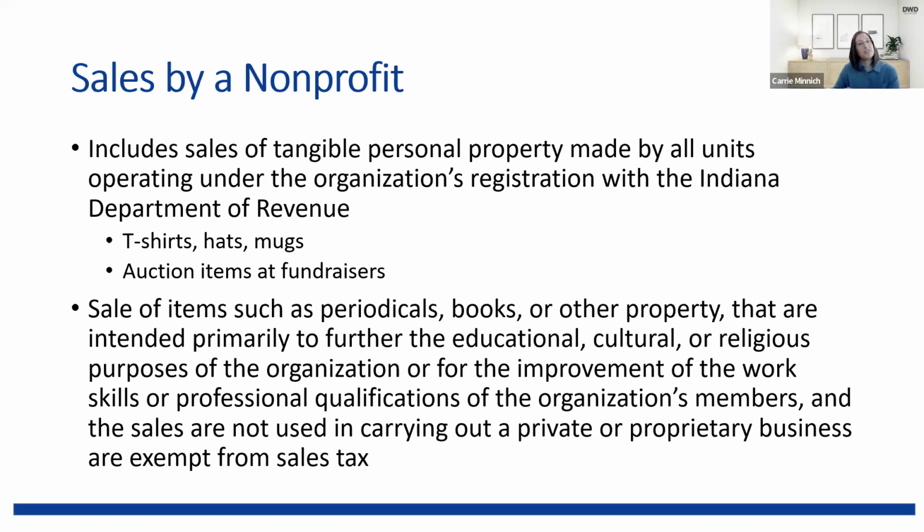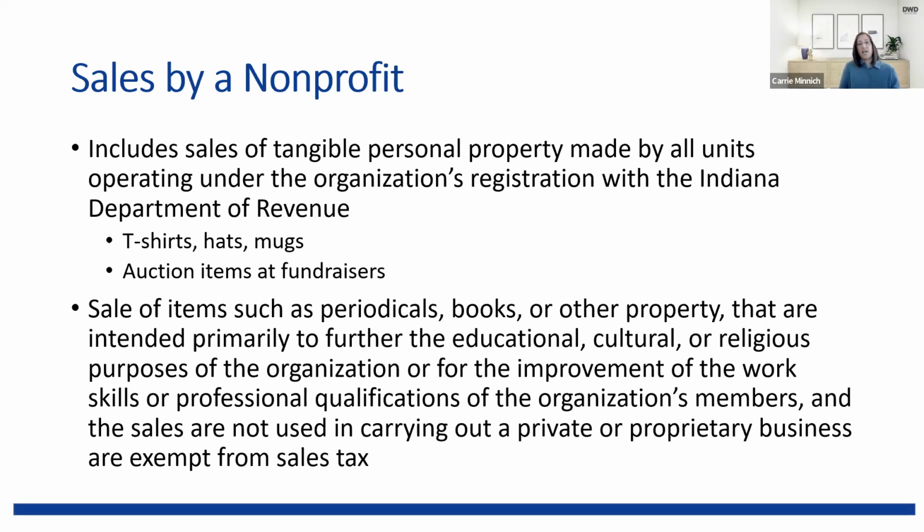So when you have an auction and you sell a signed football or a nice grill, those are tangible items. The way that the law reads now, those items would be included in this tangible personal property sales. And once you sell $100,000, those items will be included there.